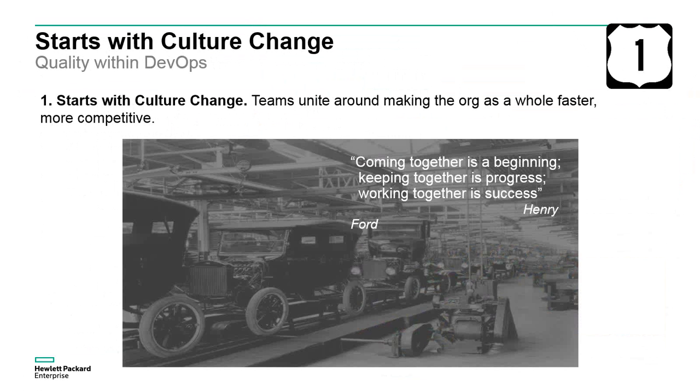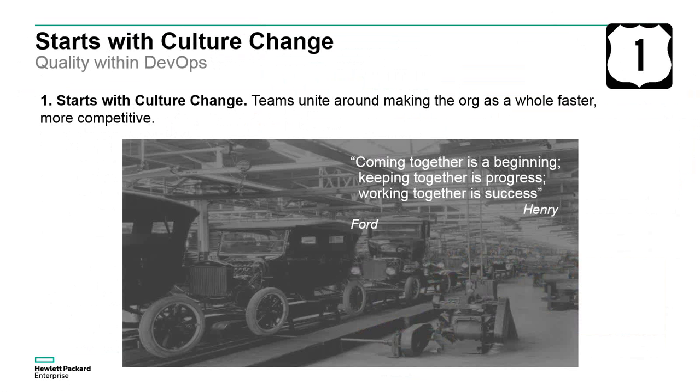So the most challenging part really is the culture change. Teams aren't competing with each other anymore. You don't have a development team and a quality team, or a testing team and an ops team. Those people who used to maybe compete with each other in the past are finding themselves in the same team. They've got the same goals.